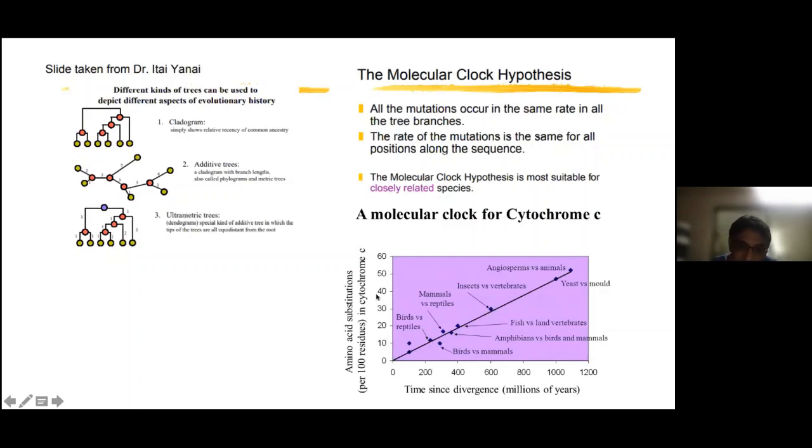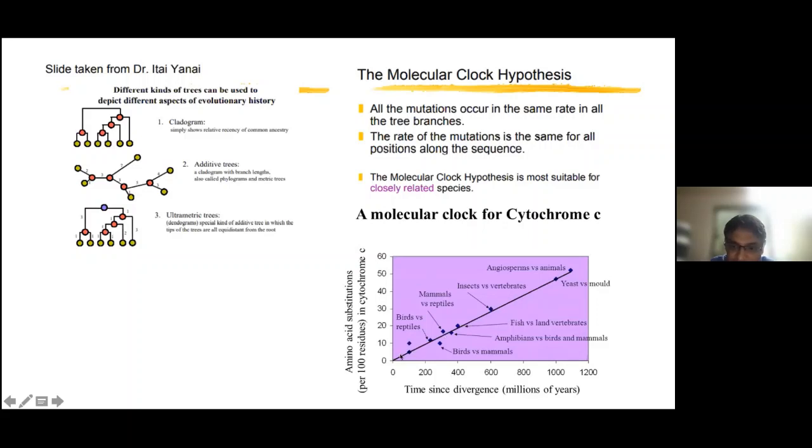If you put the amino acid substitutions on the y-axis, you can determine the time. For example, if the amino acid substitutions between two organisms is 35, and you go here, they diverged around 800 million years ago, or 780 million years ago.